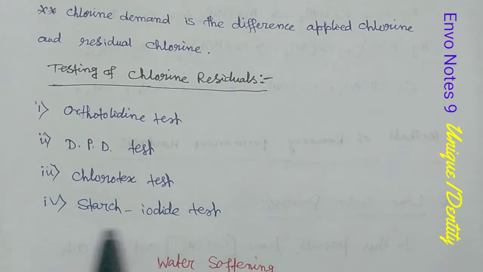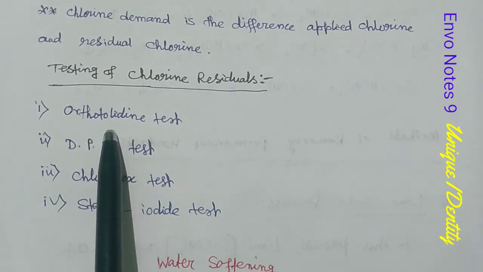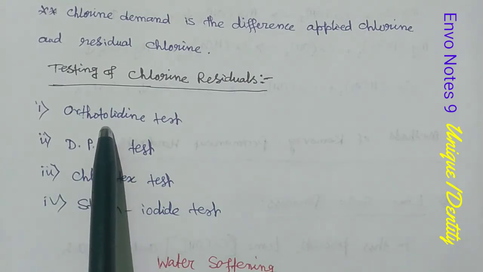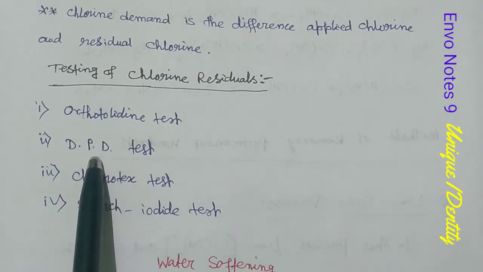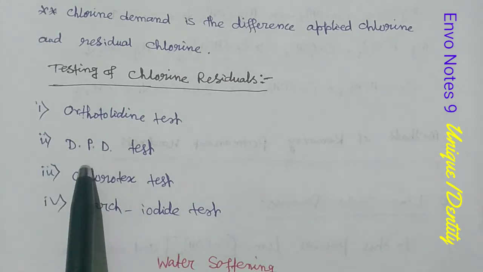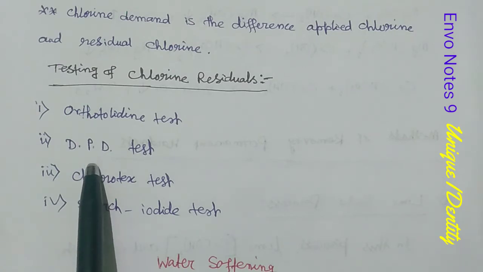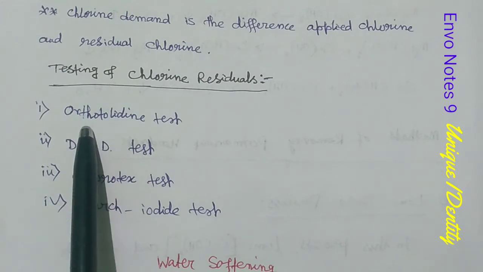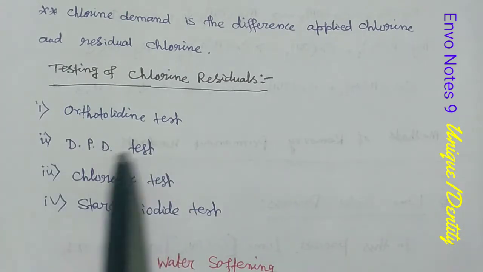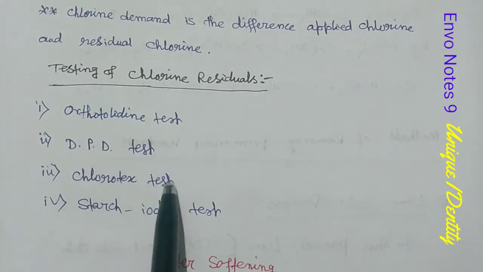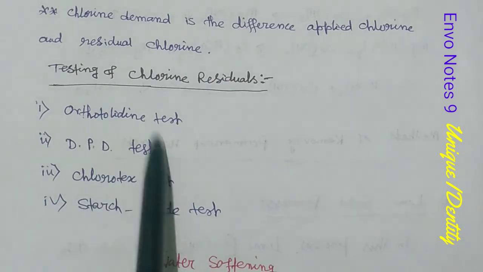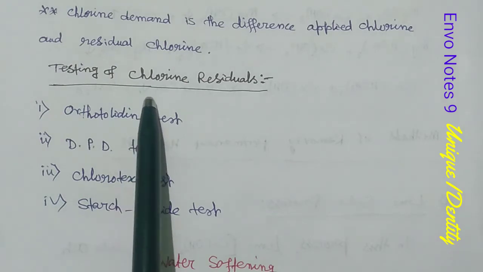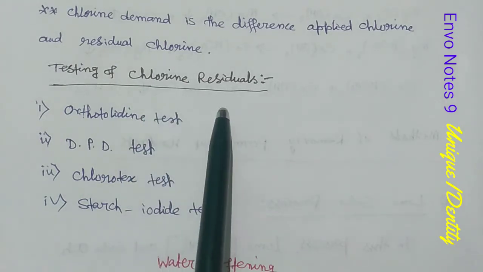If you want to know in detail, you can consult a textbook or other material or the internet, but for the general purpose of the competitive exam, mentioning the name is sufficient. So: orthotoluidine test, DPD test, chlorotex test, and starch iodide test. All these four tests are done for testing of chlorine residuals.